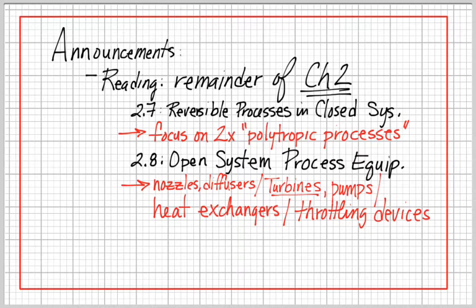You have nozzles and diffusers, which are effectively the opposite of each other. Turbines and pumps are again the opposite. One is the same as the other, operating in the opposite direction. And then you'll have a discussion on heat exchangers that have zero work but only exchange heat across the boundary, and throttling devices, which basically are slowing the flow of a fluid.